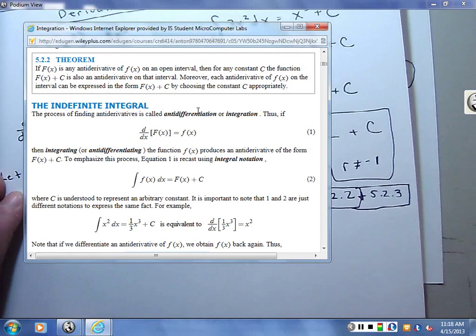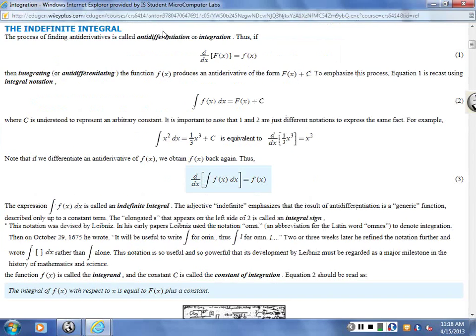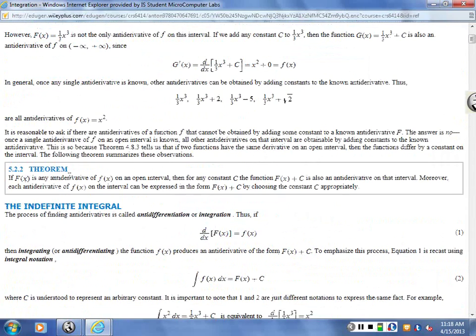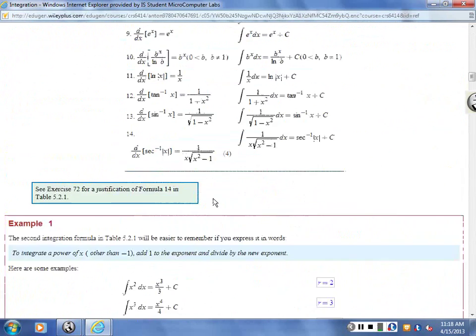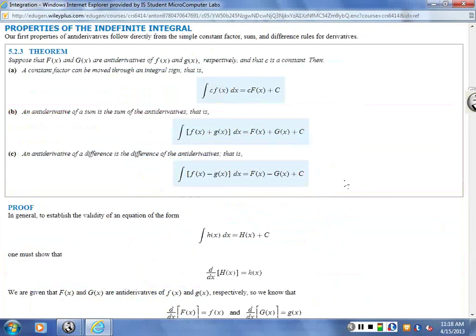These are properties of integrals. So we've already kind of talked about this plus c. This theorem, 5.2.3, is going to be really useful when we integrate more complicated functions.